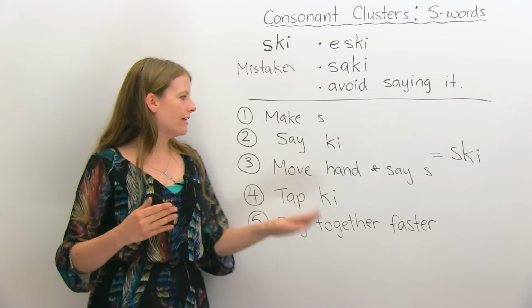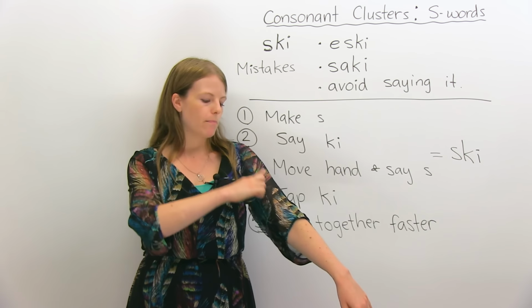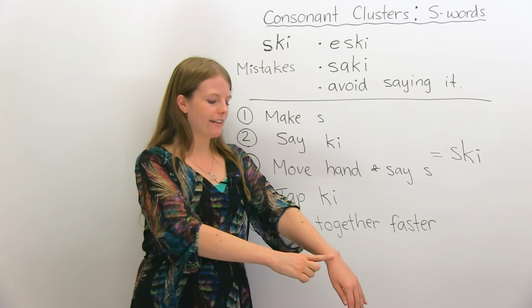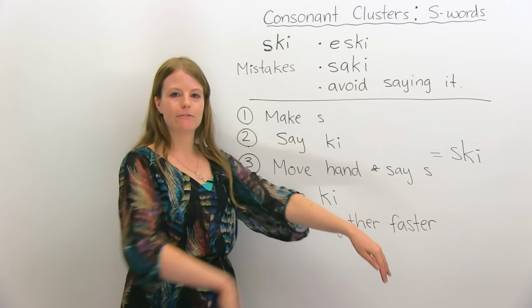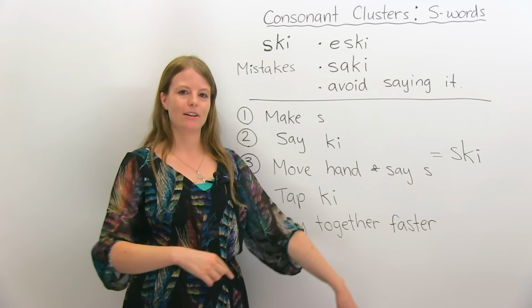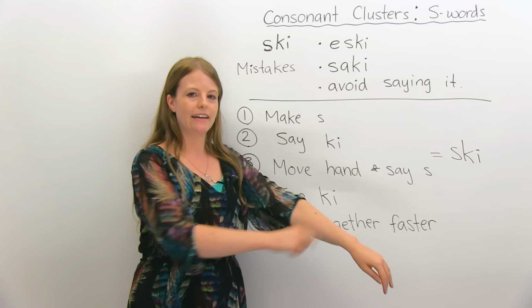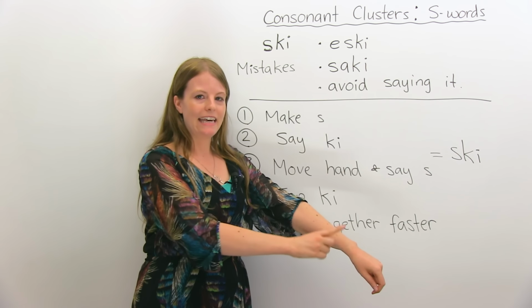So what you can do is you can make your S sound, and you can just make it go along your arm. Once you get to the end of your arm, your wrist, what you can do is you can tap for the word ki. Ski. Okay, so what we're doing is we're saying both of these parts together. Ski. So I want you to try this. Ski.